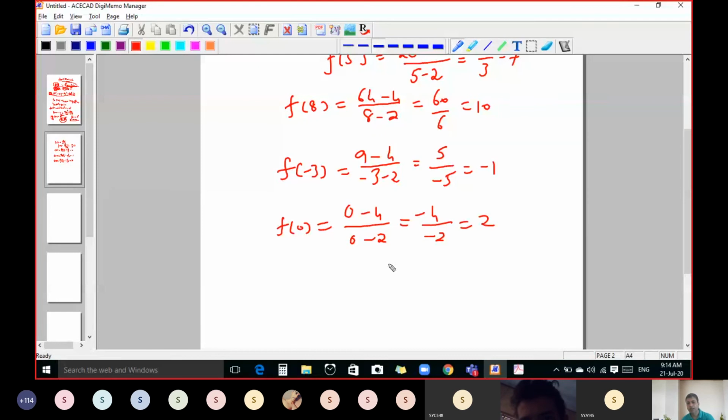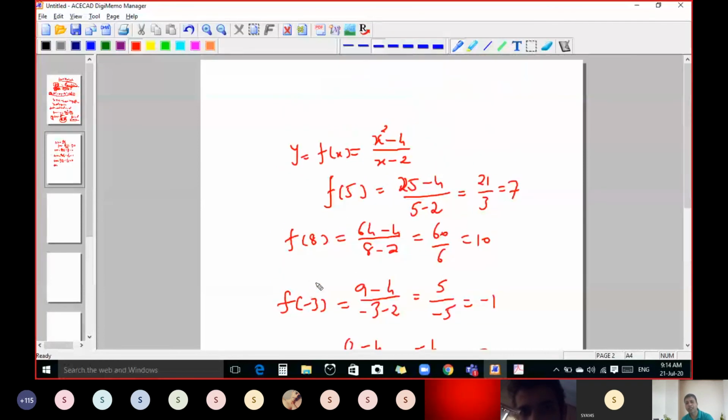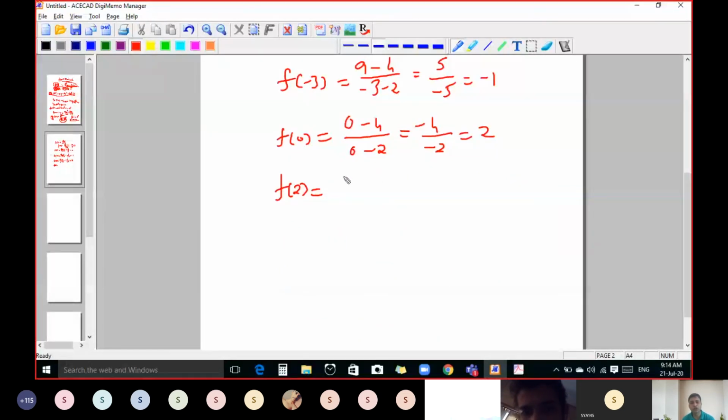If there is a question, find out f of 2, put x equal to 2 here. So 2 square is 4, minus 4 upon 2 minus 2. So we get 4 minus 4 upon 2 minus 2. The answer for that is 0 by 0.